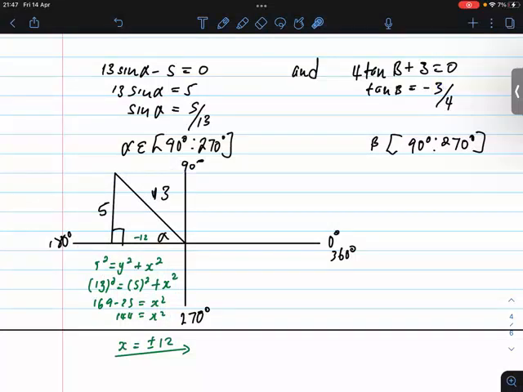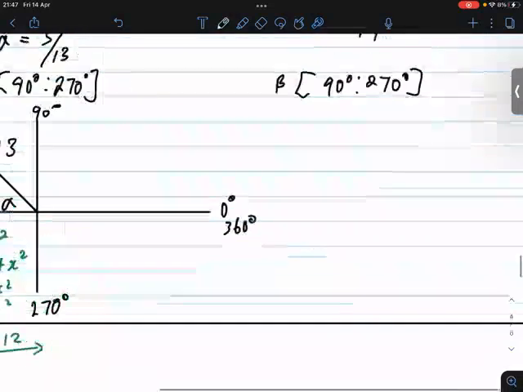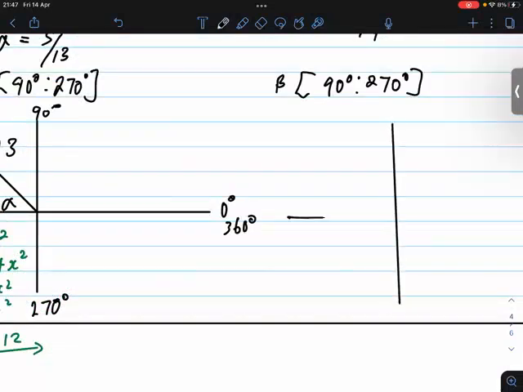Tan is negative in quadrant number 2 and 4. So we're going to have to locate this information in quadrant number 2 because 4 is not included. That means we must draw a separate Cartesian plane because it's also in quadrant number 2, this information. If it was not in number 2, we're going to draw just one Cartesian plane.